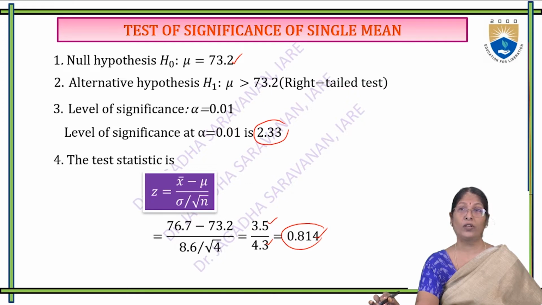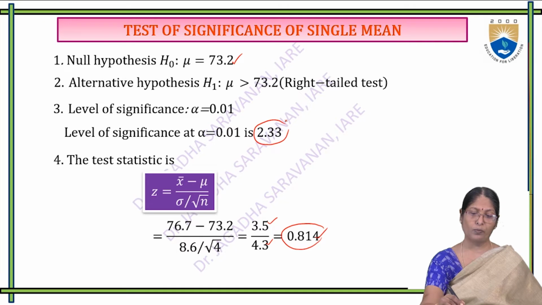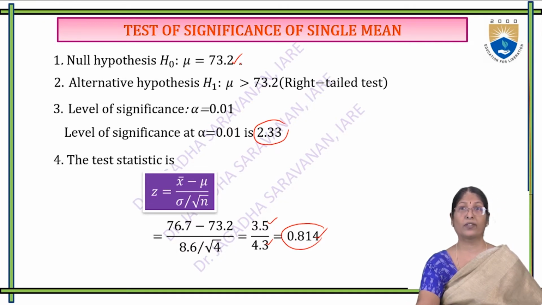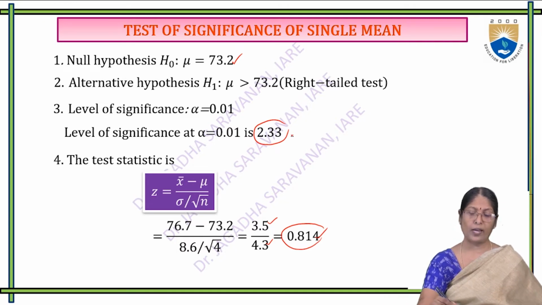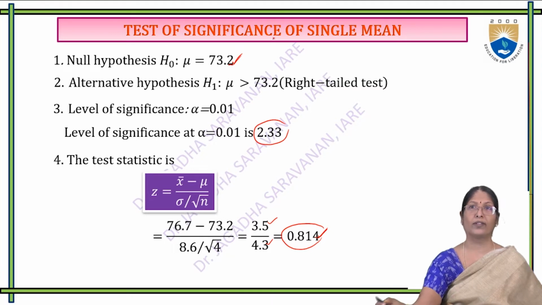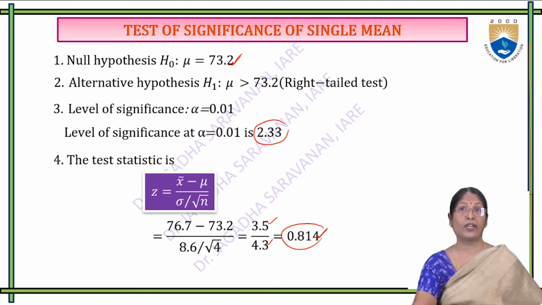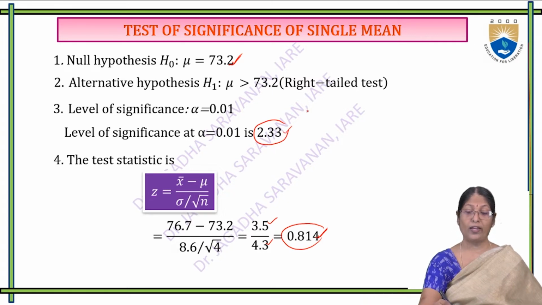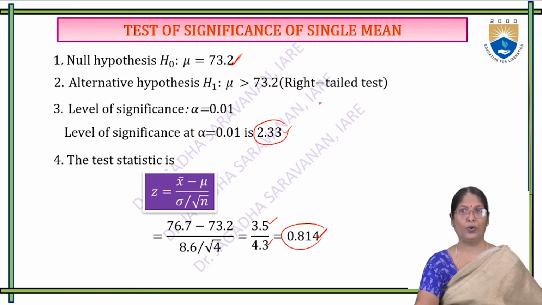If the tabulated value is more, the null hypothesis is accepted. Suppose the tabulated value is less than the calculated value, then the null hypothesis, the statement defined about the population, is rejected. So now we understand what role these tabulated values play.